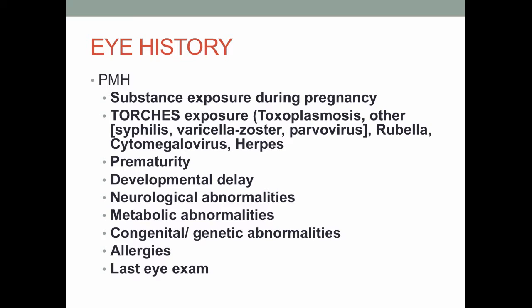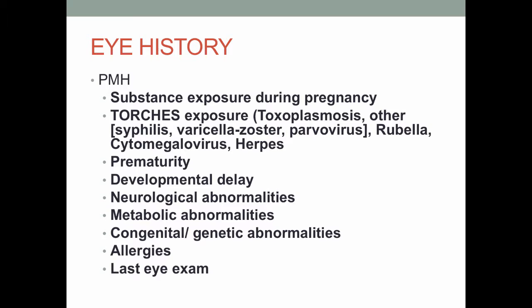We're particularly tuned in to what's termed the TORCHES exposure, and that includes the diseases listed on your slide: toxoplasmosis, the other stands for syphilis, varicella, parvovirus, rubella, CMV, and herpes. All can have detrimental effects on the developing eye.